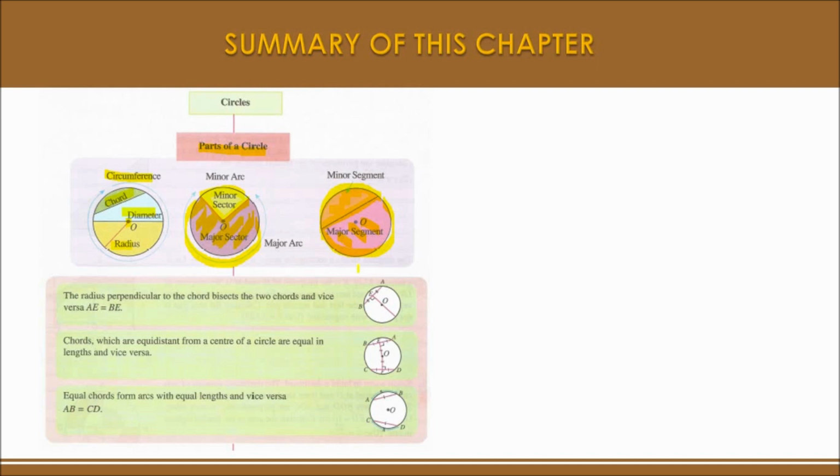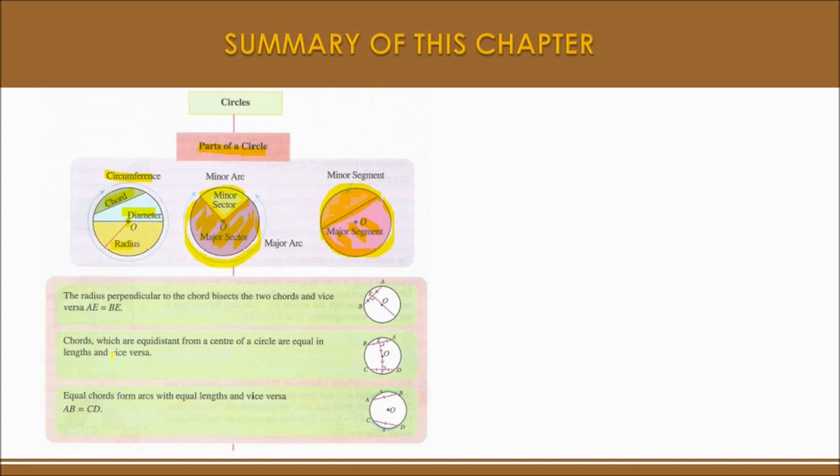Make sure you know how to differentiate sector and segment. Sector is enclosed by two radii and arc, whereas segment is enclosed by chord and arc. That is the difference between sector and segment.